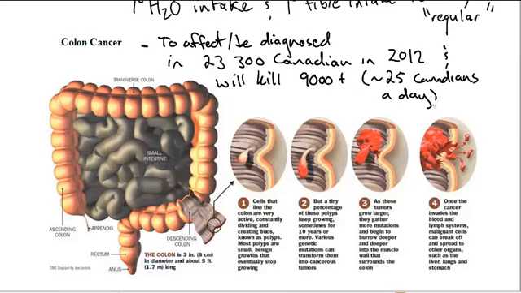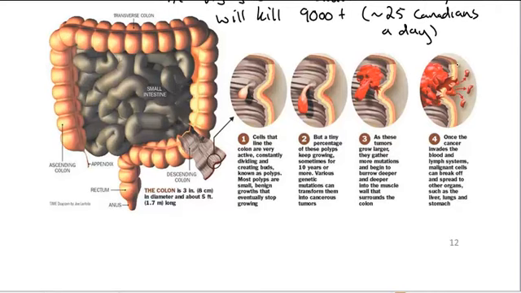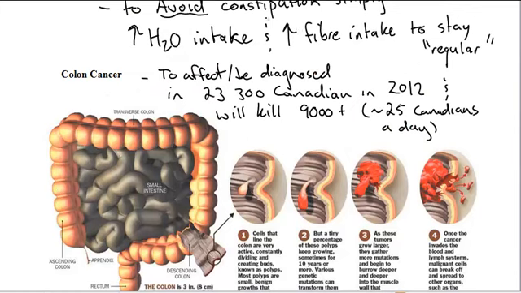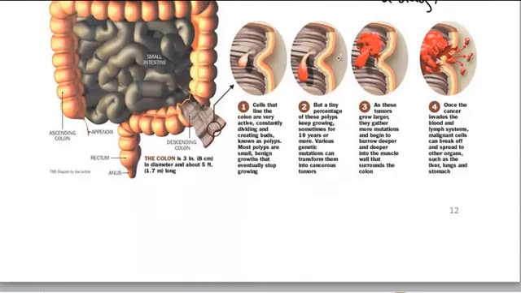Which is really devastating, because in many ways, many of those deaths can be prevented. One, just as simply by increasing your H2O intake and increasing your fiber intake, and also by getting tested.